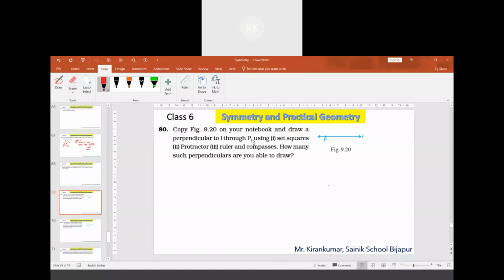Copy figure 9.20 on your notebook and draw a perpendicular to L through point P using set squares, protractor, a ruler and compass.